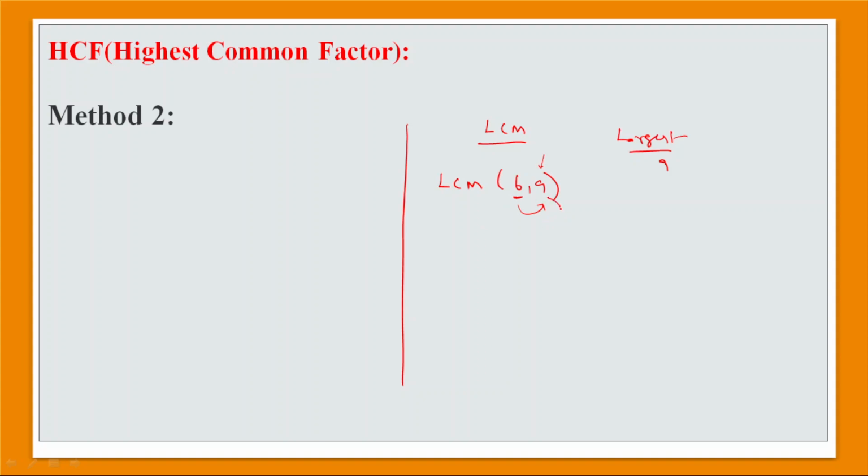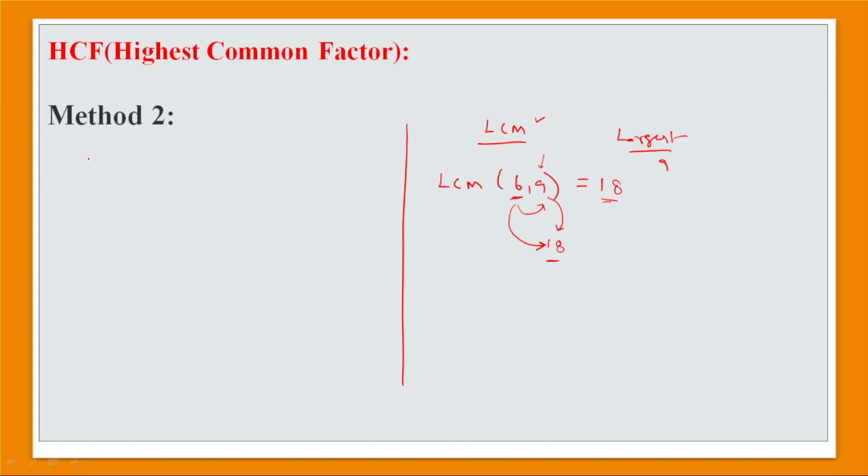So then we take the double of the highest number, which is 18. Then we check whether 6 is a factor of 18, and clearly it is. So my LCM will be directly 18 here. So this was discussed in the LCM concept.